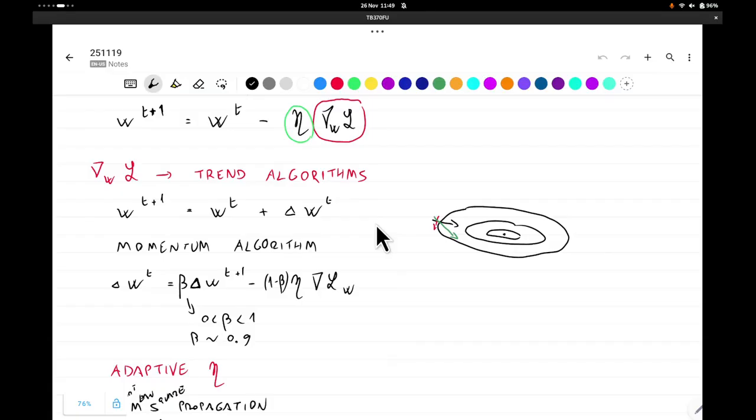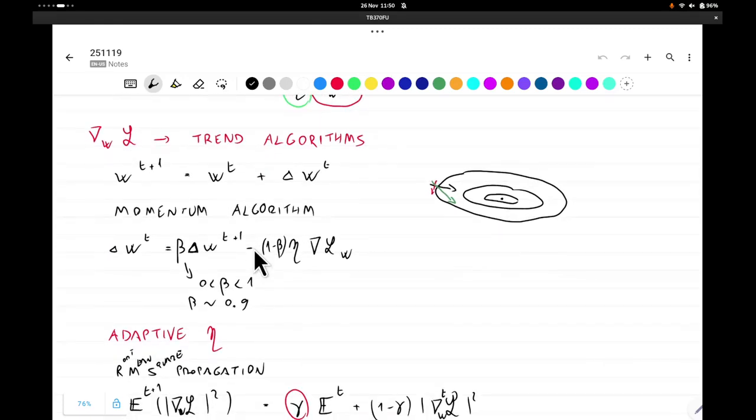So, instead of having just the gradient of the loss function, people use a lot these trend algorithms, in particular the momentum algorithm, in which the actual update in weights comes from a combination of the instantaneous gradient and the kind of average of the previous steps, right?